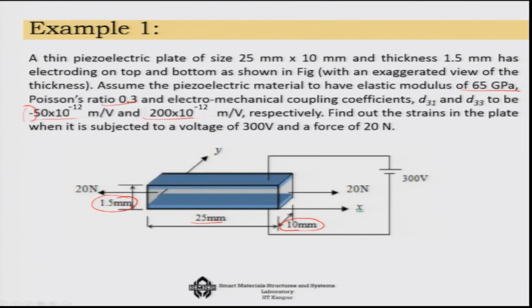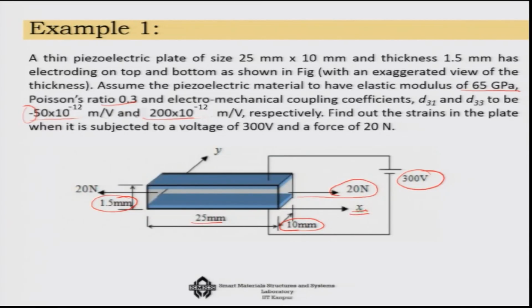Remember, D31 is given with a negative sign, meaning that a positive voltage will generate compressive stress in the system. Now, find the strains if the plate is subjected to a voltage of 300 volt across, and a force of 20 Newton along the x axis.